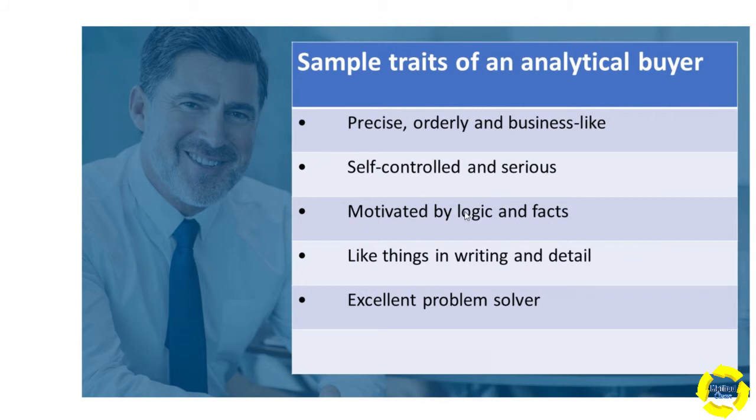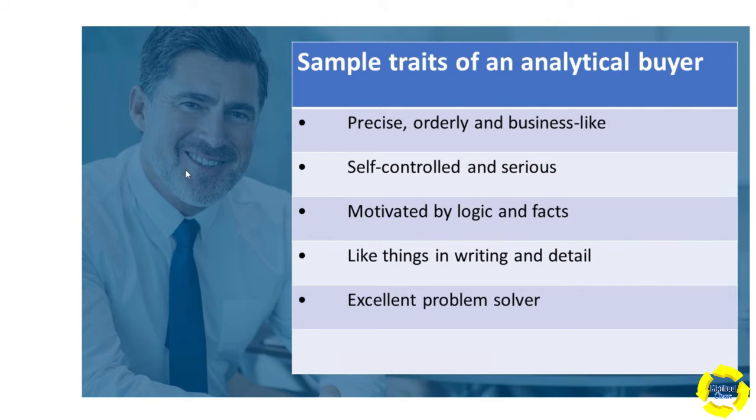They want a lot of logic. They want facts. They like things in writing. They want contracts. They want a lot of detail. Once you see these types of traits in somebody, then this is the type of information that you would want to feed them. So the next question is, well, how and where can I use them?